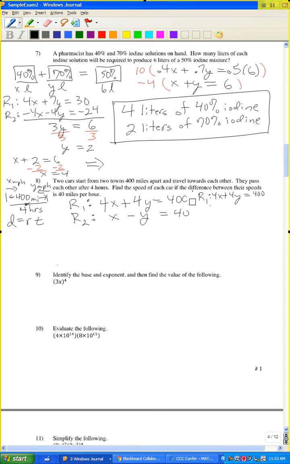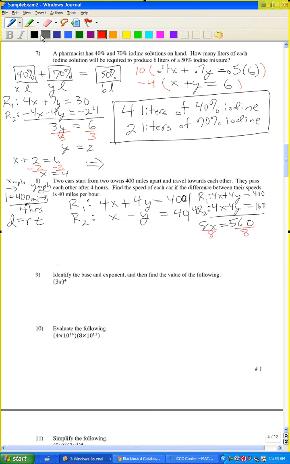So I get 4x minus 4y equals 160. Let's add these. So I get 8x, the 4y's cancel, equals 560. Divide both sides of my equation by 8.